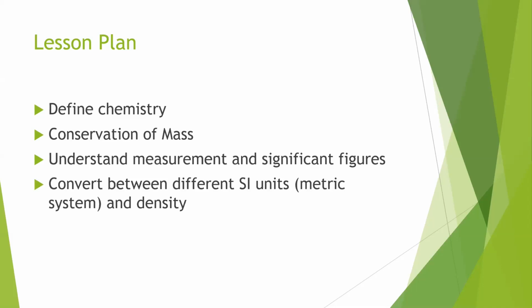And then we're gonna finish off with conversion between SI units, which is the metric system. The US uses units like feet and pounds, but the rest of the world uses different systems like meters and those types of things. So we're gonna learn the metric system, and then we're gonna learn what density is.